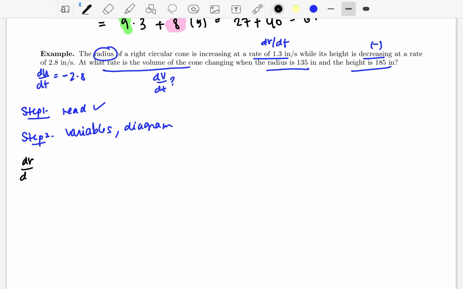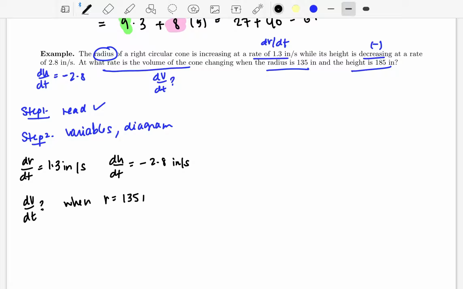So dr dt is equal to 1.3 inches per second. And then we keep going, and it says, and the height is decreasing, so dh dt is equal to negative 2.8 inches per second. At what rate is the volume? So we're looking for dv dt exactly when the radius is equal to 135 inches and the height is equal to 185 inches, okay?